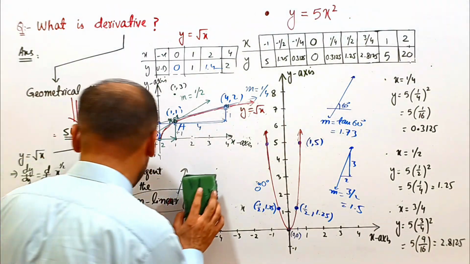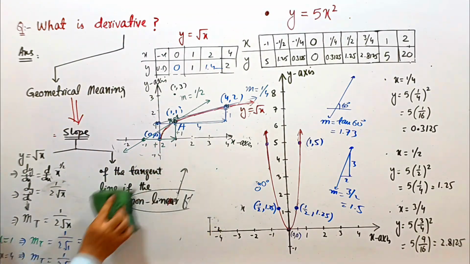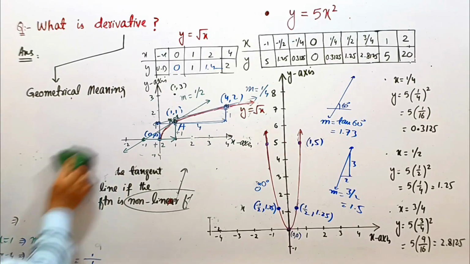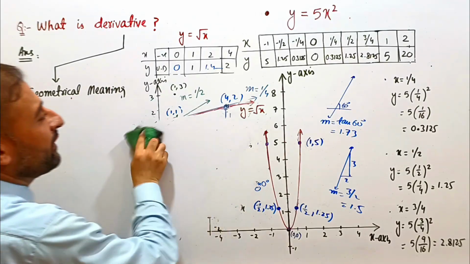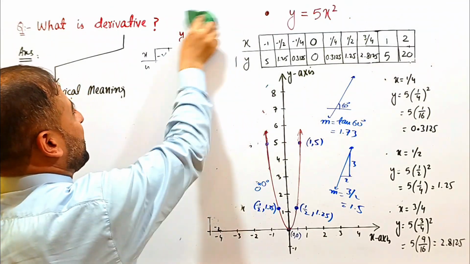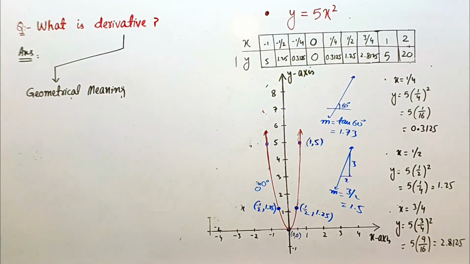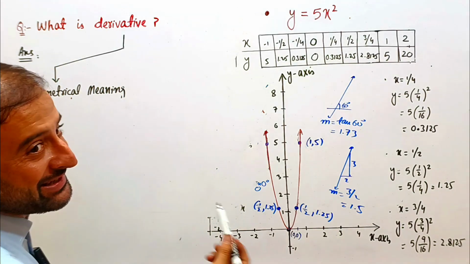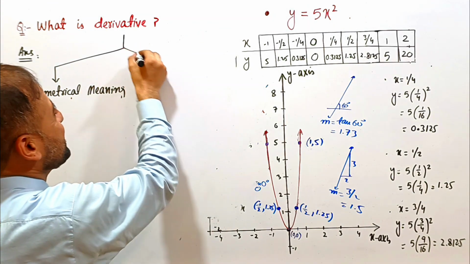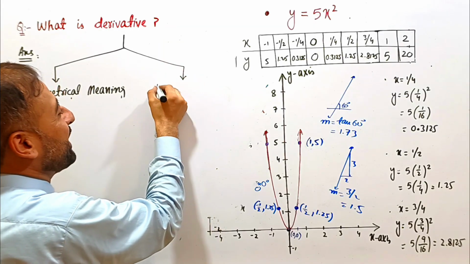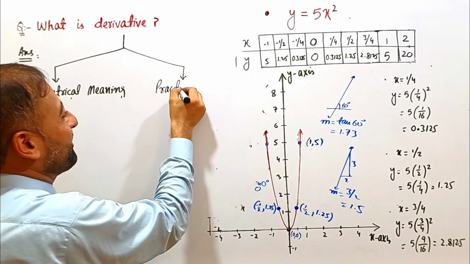My sweet students, let me remove this. This is the geometrical meaning. Now we will discuss the practical meaning. The second part, which is our today's topic, practical meaning of derivative.